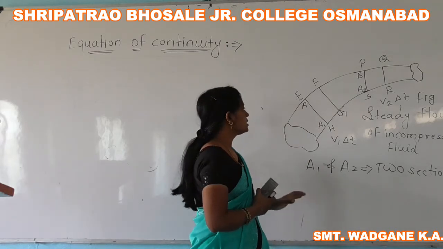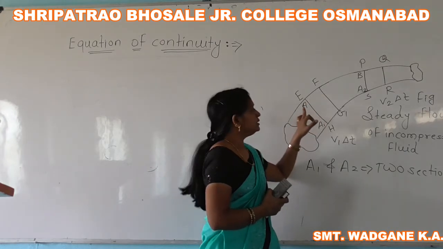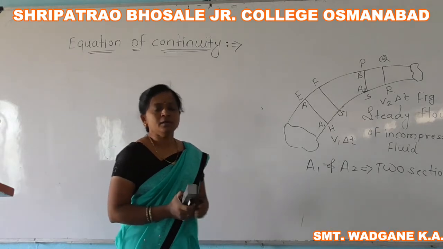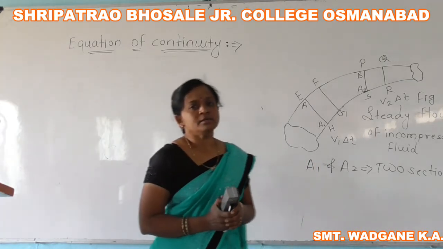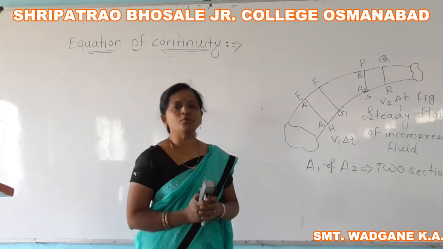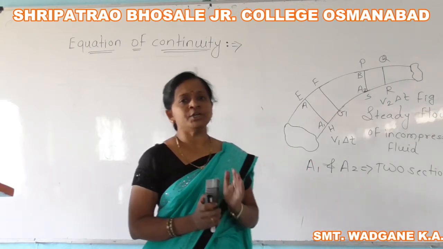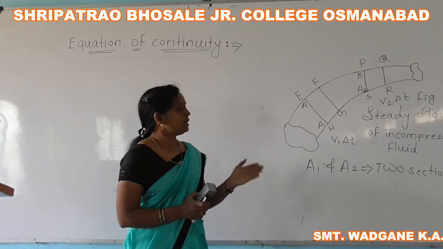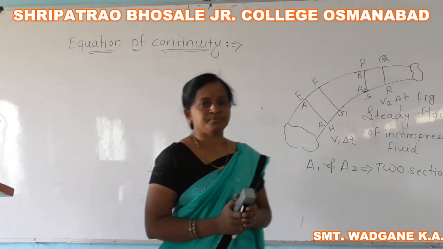These two sections are located at two points, that is A and B. Within this tube of flow, matter is neither created nor destroyed. Therefore, the mass of the fluid remains constant over time.